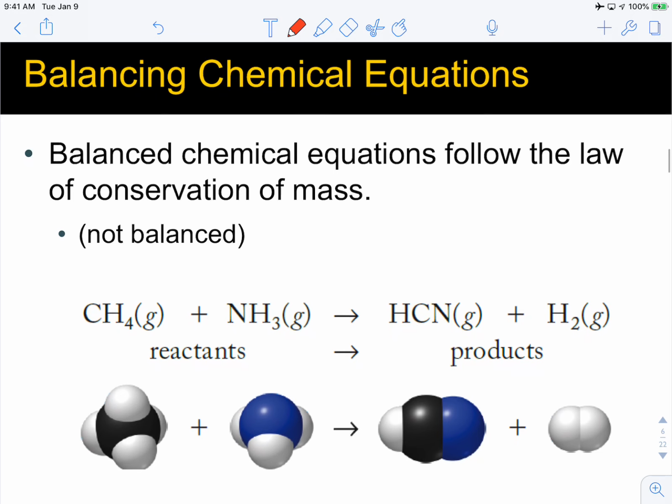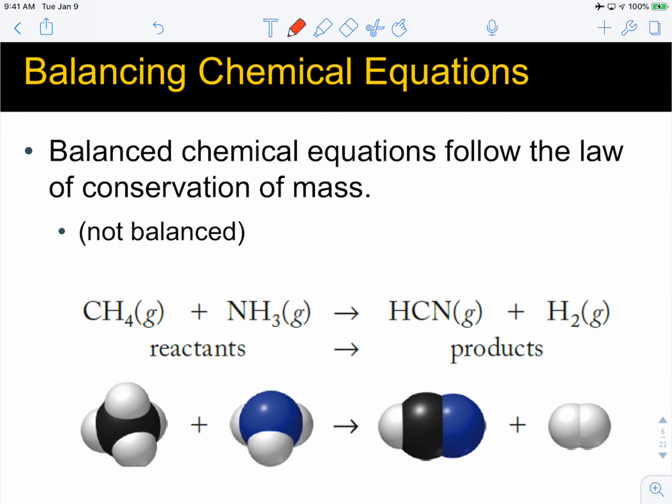So the first thing you need to be able to do in any of this type of process of dealing with chemical reactions is to be able to balance the chemical reactions themselves. So you have to realize they follow this idea of conservation of mass. You have to understand that if I have a certain number of carbon atoms on the left side of the equation, that number of carbon atoms on the right side of the equation must be the same, because I'm not creating any new carbon in chemical reactions, and I'm not consuming elements.